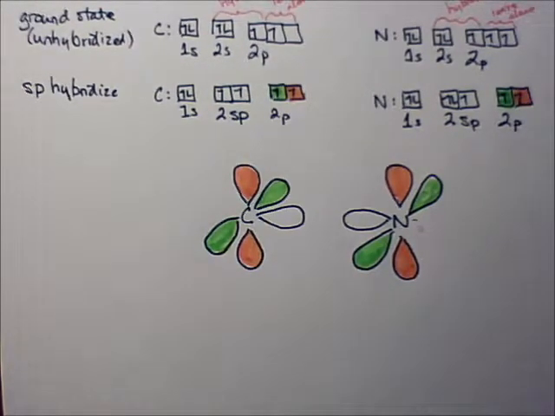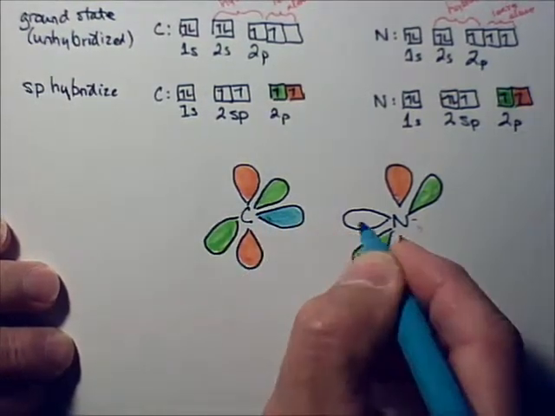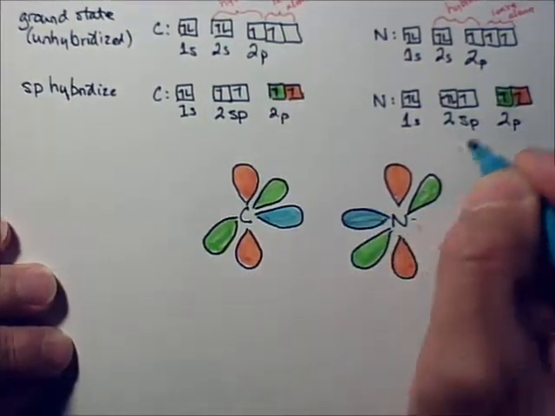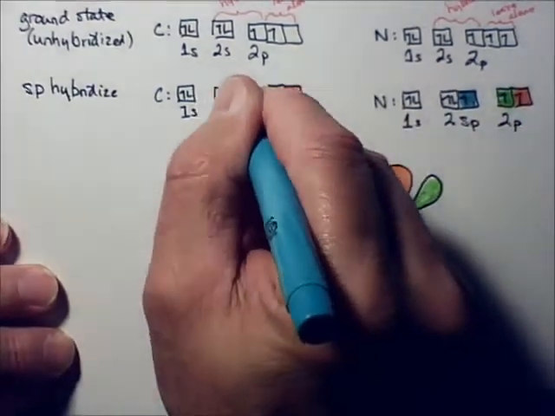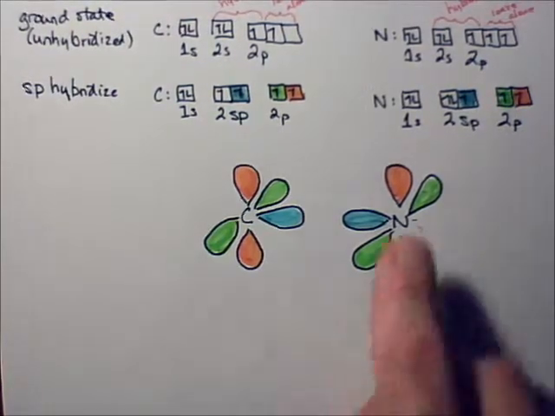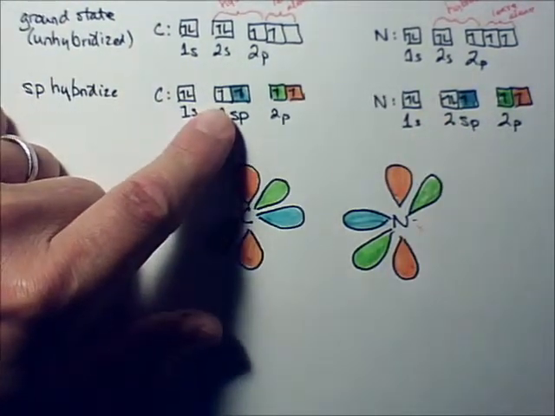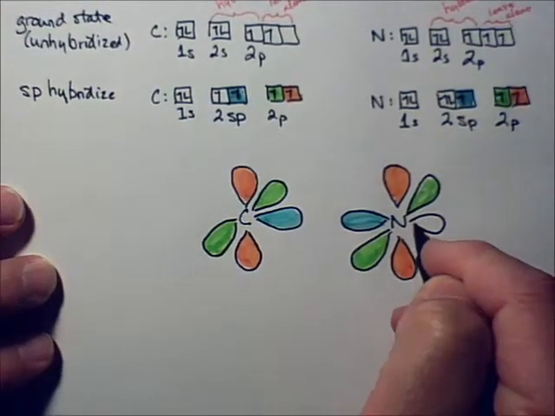Okay? So this is a blue one. I'm going to call it, this is a hybridized orbital. So let's color code this one blue and this one blue, to match what we've done down here. Now there's one more hybridized orbital, and that would be back here on this other side.